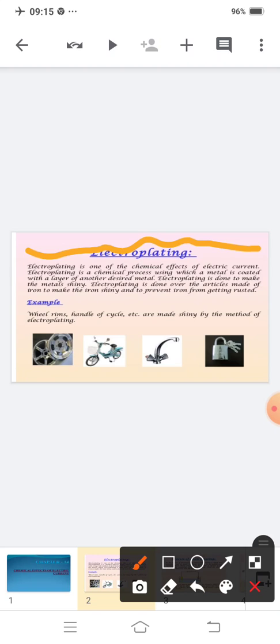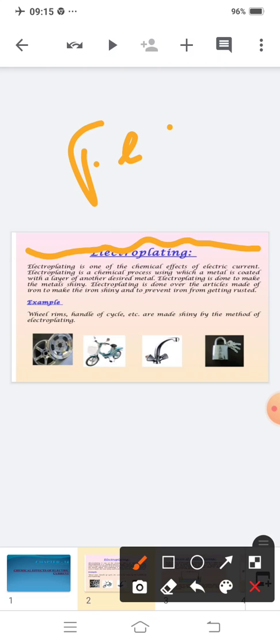For example, if you have an iron metal, the formula of iron is Fe, and you want to coat that iron metal with copper color, what will you do? You will do electroplating. आप उसमें copper wire का metal का एक layer चढ़ा दोगे. Electroplating is done to make the metal shiny.